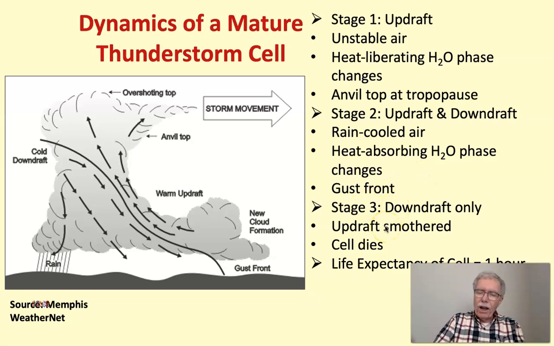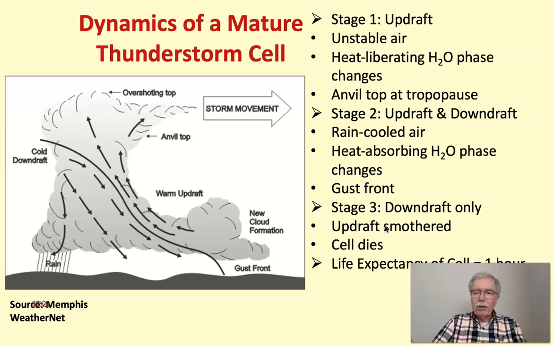But you say, Prof. K, wait a minute. Thunderstorm lines seem to last for hours at a time. How can that be? Well, as we will find out more in one of our future lectures, we know that lines of thunderstorms are made up of cells that come and go.